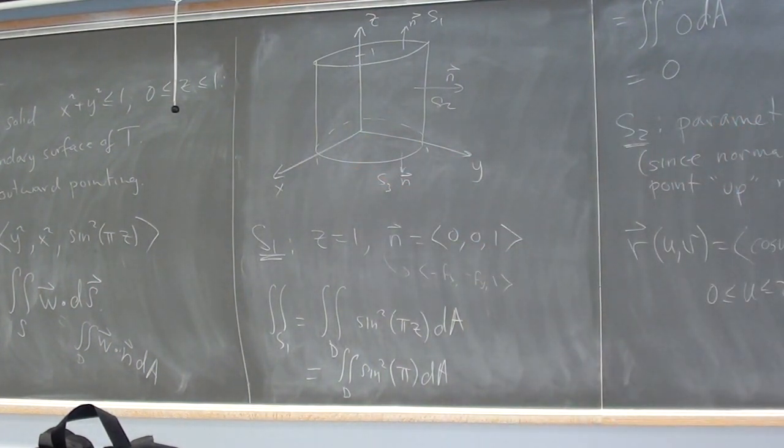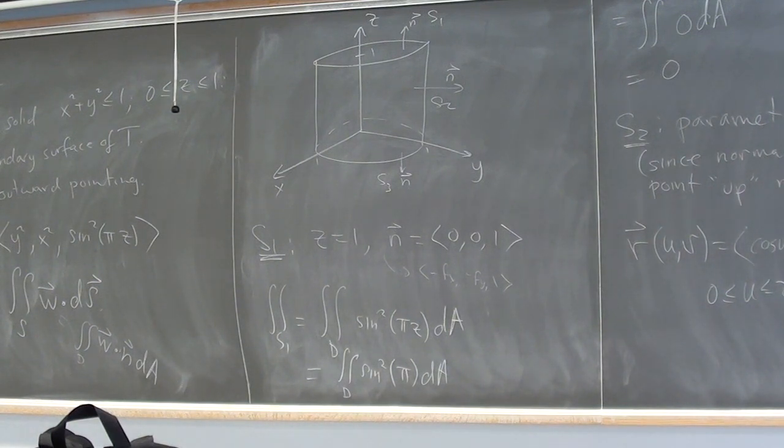So that's the normal vector we want, and so now the double integral over S2 is just going to be the integral over D of this dot product with my W. Let me actually write this out, because you're going to have to plug in the parameterization.